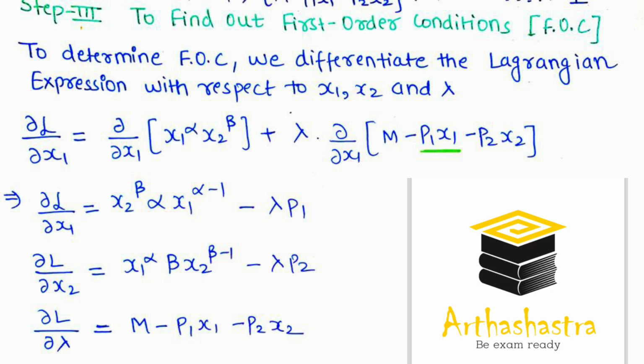On differentiating x1 raised to the power alpha, we get alpha x1 raised to the power alpha minus 1. Now differentiating the remaining term, that is lambda times M minus p1 x1 minus p2 x2: since lambda is in multiplication, we write it as it is, and differentiating the term in brackets with respect to x1, M is a constant, it becomes 0, and we get minus p1.